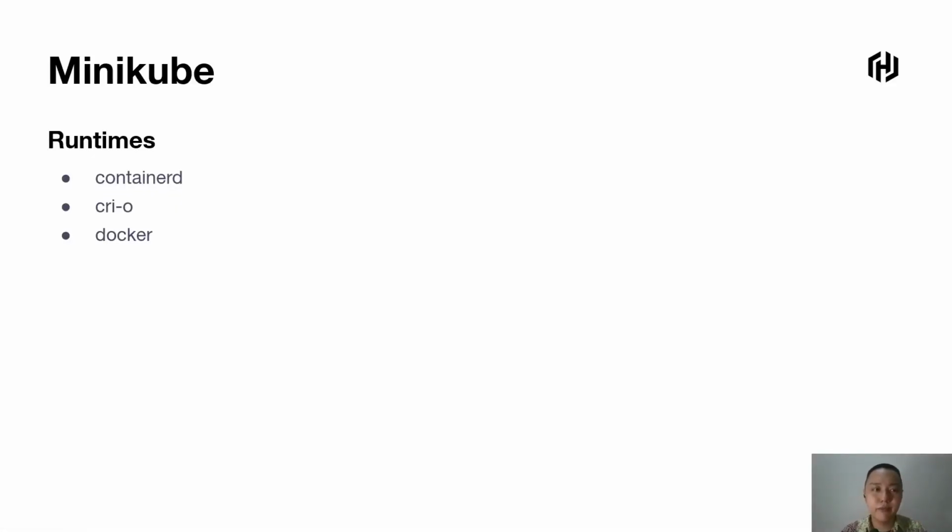And Minikube also has runtimes. The runtime is where the containers will be run. As an example, you have an application, and you store the application into a box, and you will use that box to deploy into another machine.